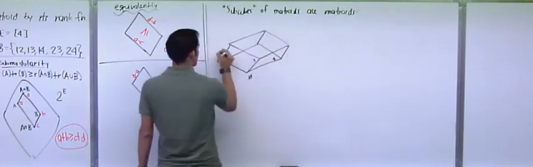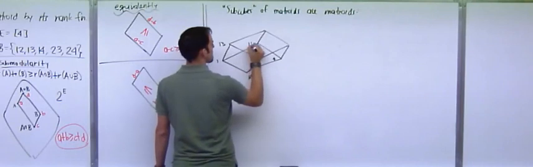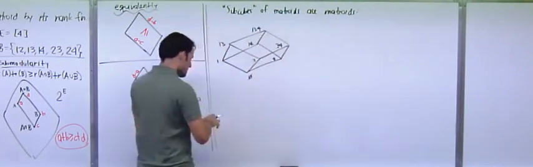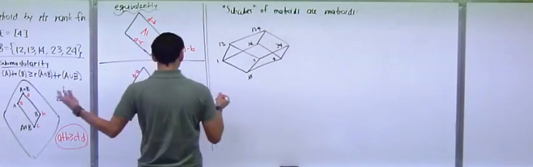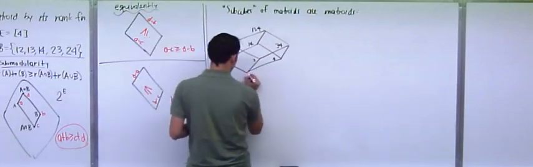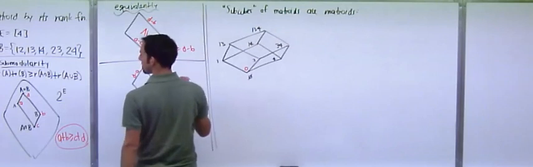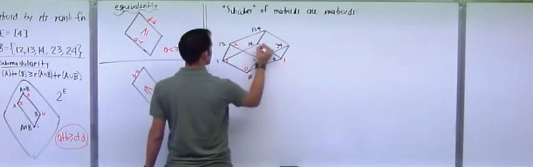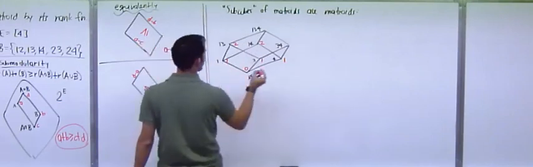Right. 1, 3, 1, 4, 3, 4, 1, 3, 4, and I just copy my numbers. 0, 1, 1, 1, 2, 2, I think this is a 1.